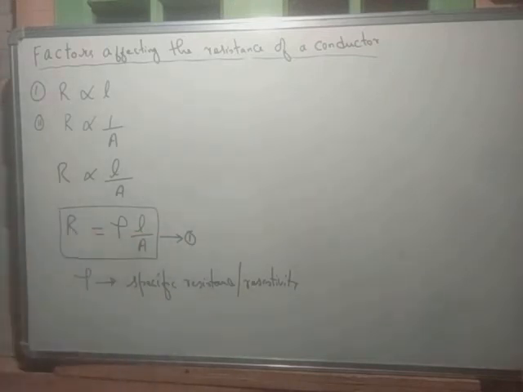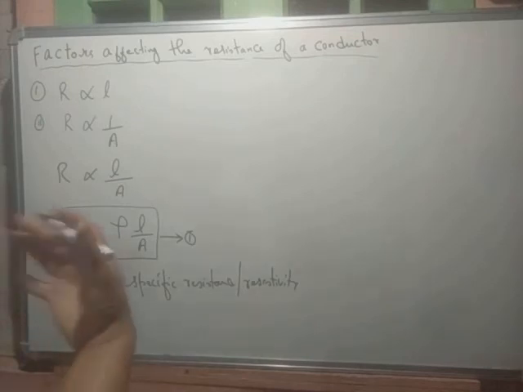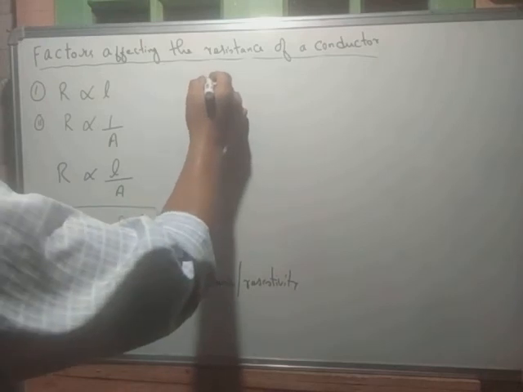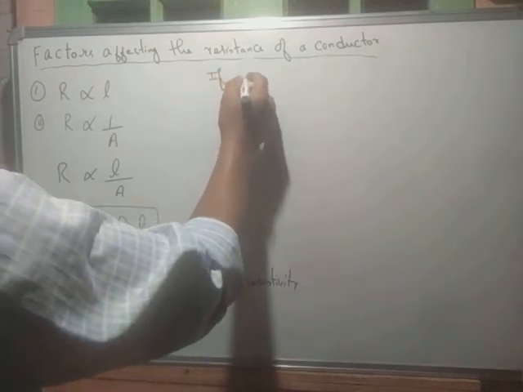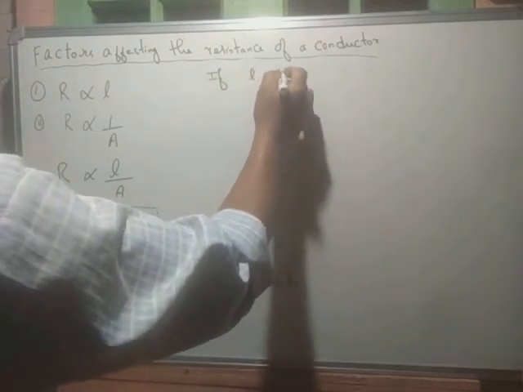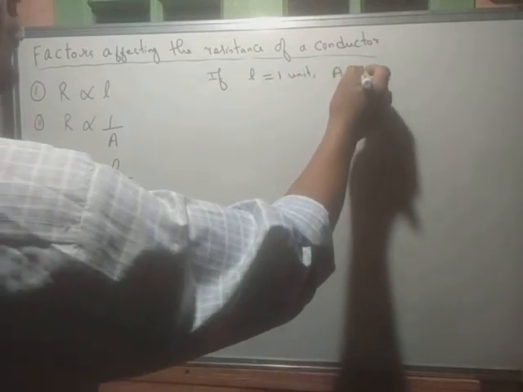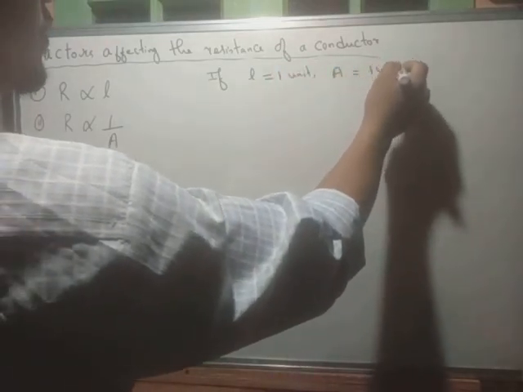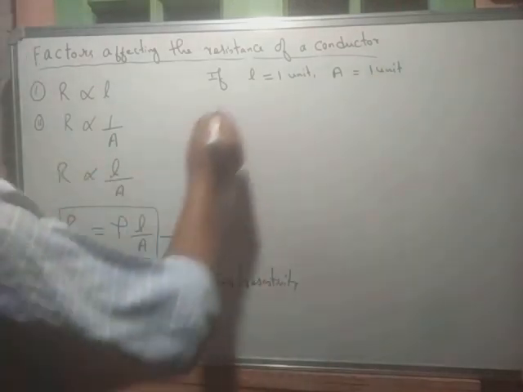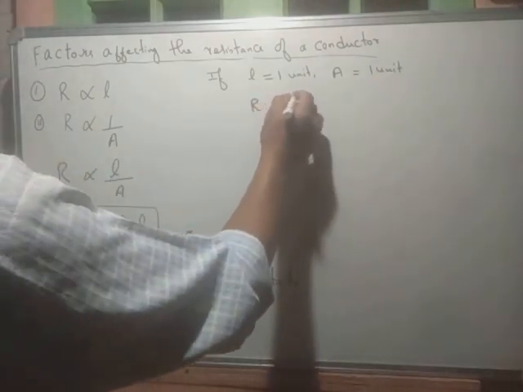So from this equation 1, let us define the specific resistance or resistivity. Now from equation 1, if I substitute the length of the conductor to be 1 unit, the area of cross section also to be 1 unit, then what will happen to R? R is equal to rho.